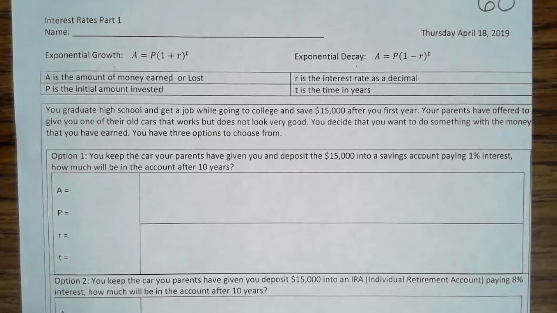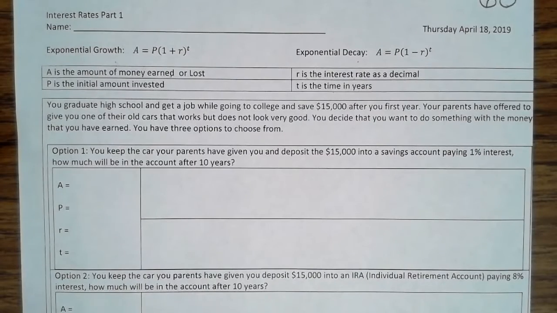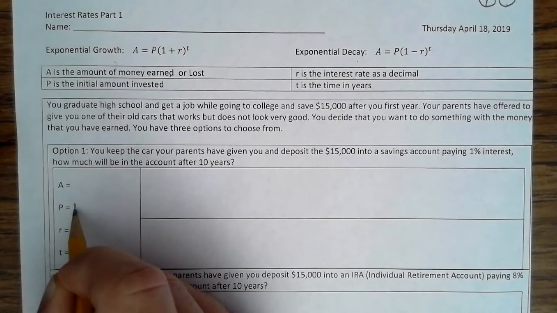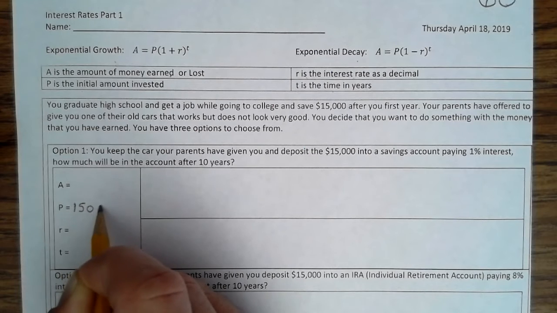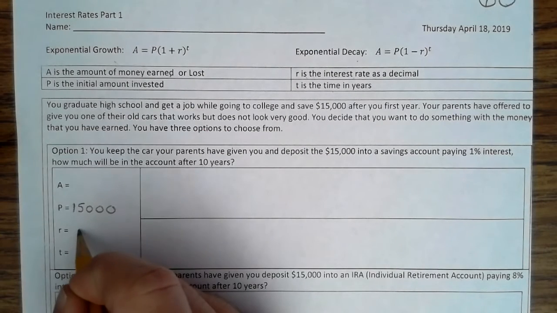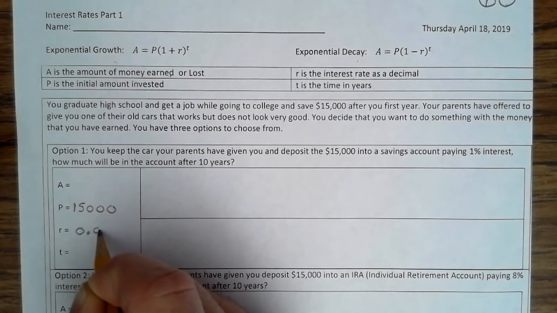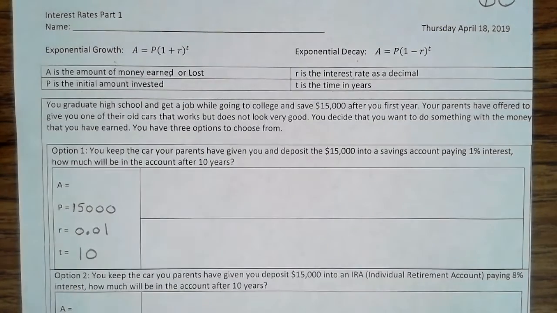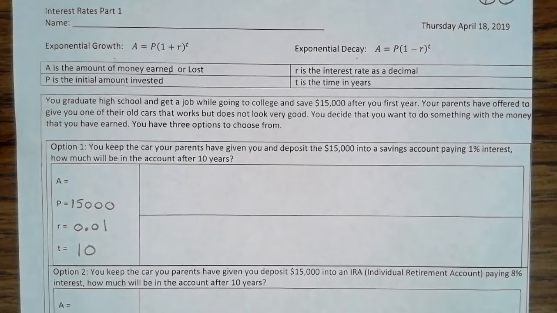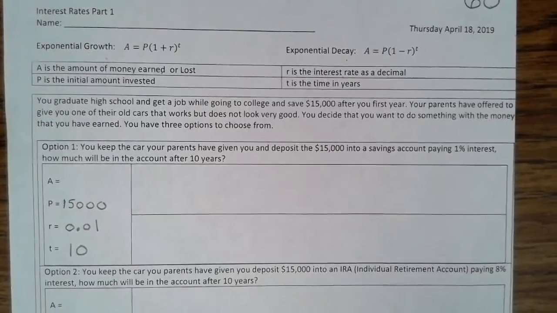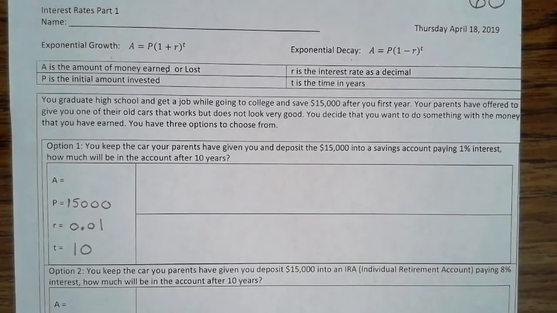So, first thing, A is the amount of money earned or lost, we don't know. P is your initial amount, which is $15,000. You're going to invest all $15,000 of it to your savings account. Your interest rate is 0.01 and time is 10 years. All right.